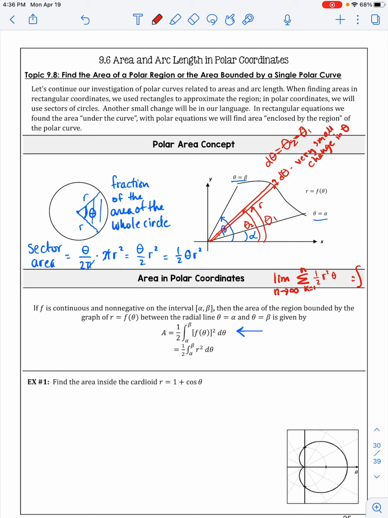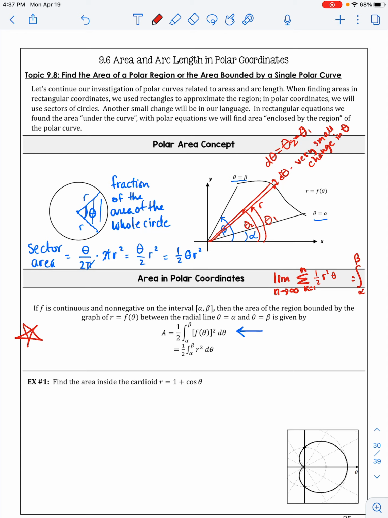When we do that, it's going to end up giving us that integral from alpha to beta. Just remember that you're summing up all these little slivers, infinitely many of them. So that's going to give us this area in polar coordinates here.